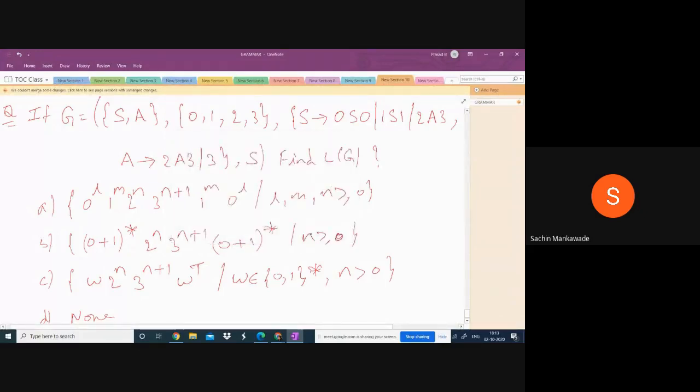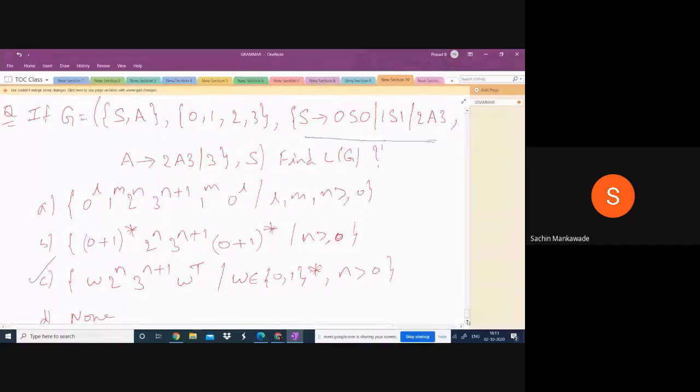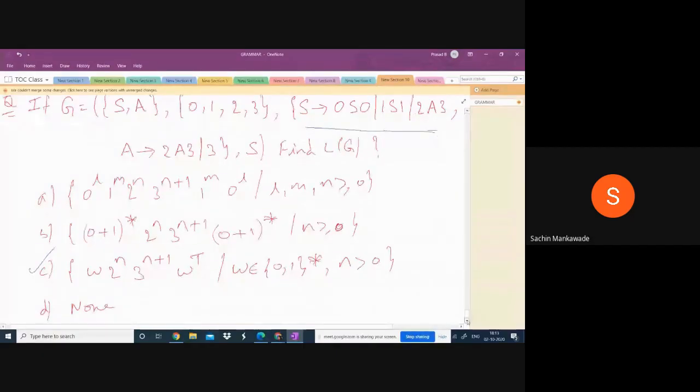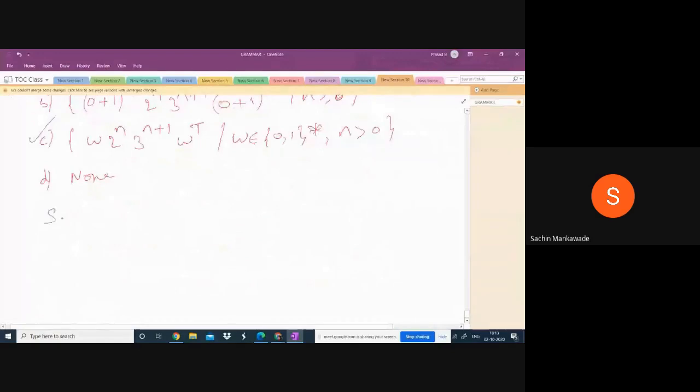Every time, whenever a grammar is given, check for the smallest string. Here, these are the S productions: S to 0S0, S to 1S1, and S to 2A3.